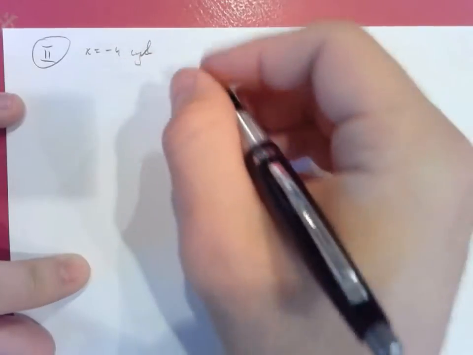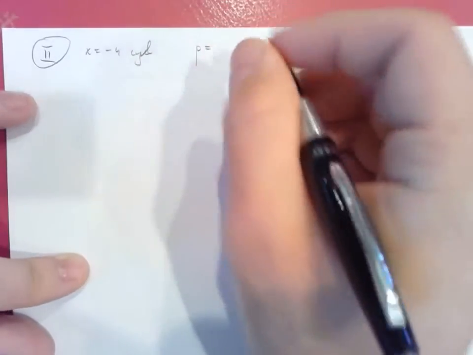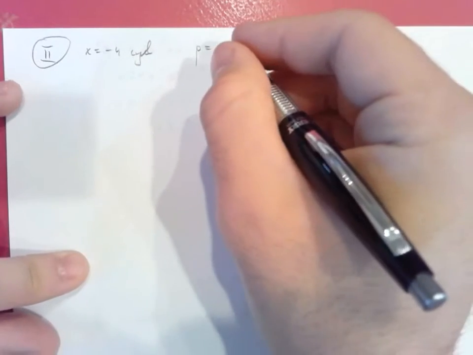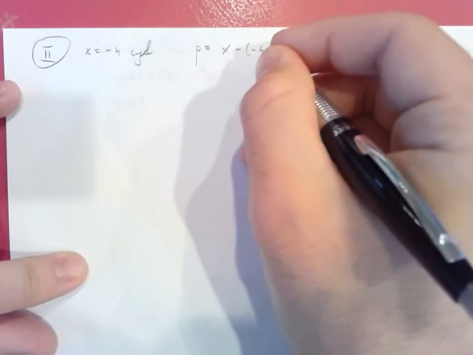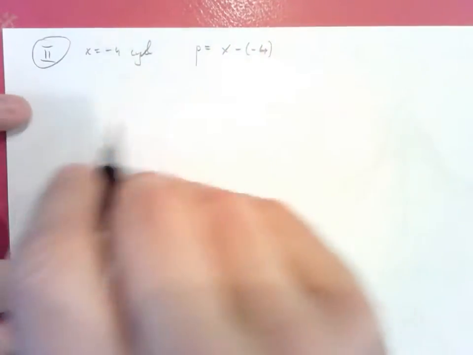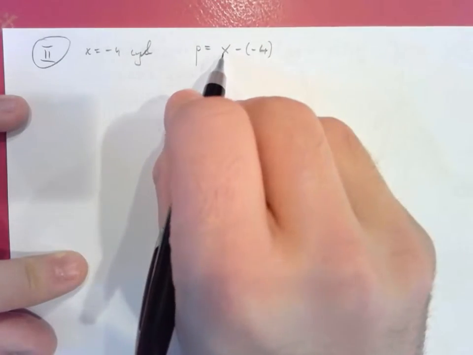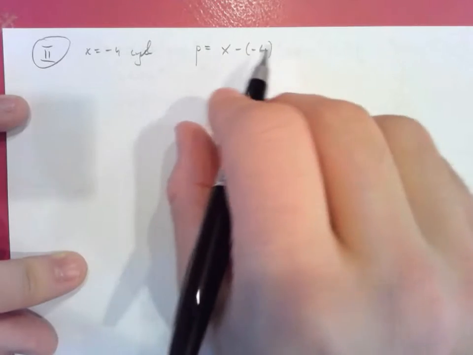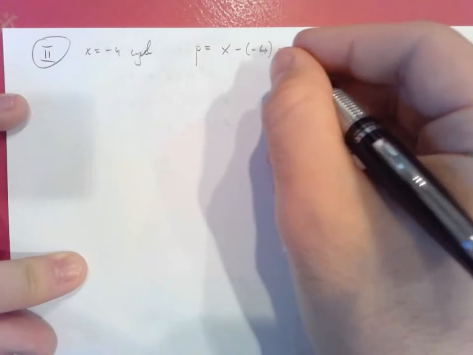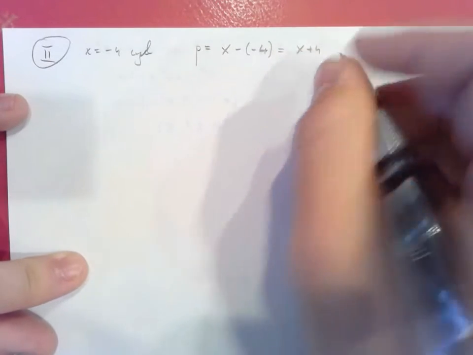However, this time the radius rho will change. What I'm doing is x minus negative 4, because negative 4 is to the left of everything. So I do the more positive, which would be the x coordinate as I'm doing the integral, minus the more negative. So it should be x plus 4.